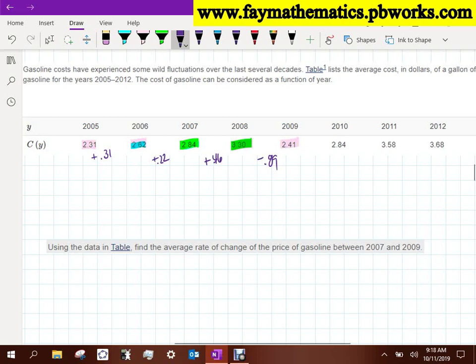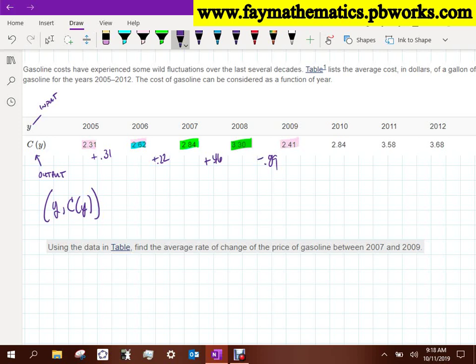So when we look at these data points, this is the way they're provided. The Y is your input. The C of Y is your output. So all of our ordered pairs here are going to be a Y, comma, C of Y. Now, when I say Y here, it's not a Y value. Does that make sense?